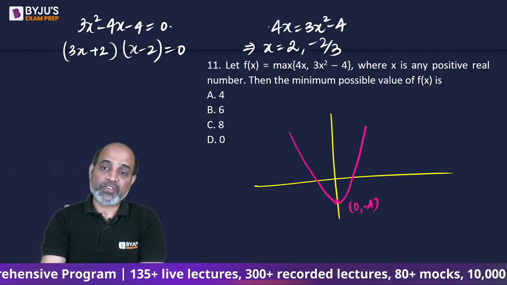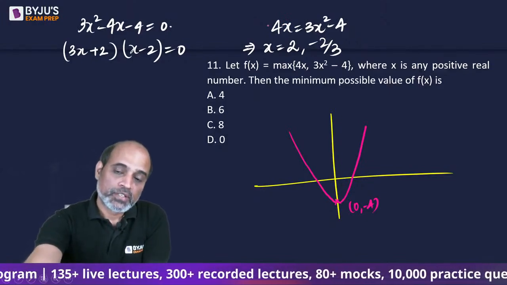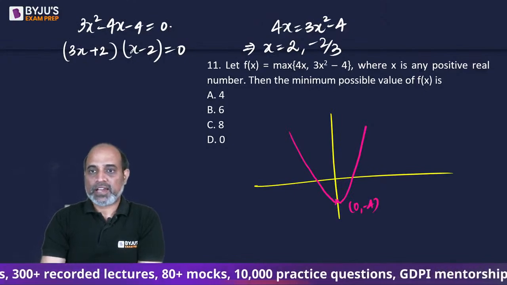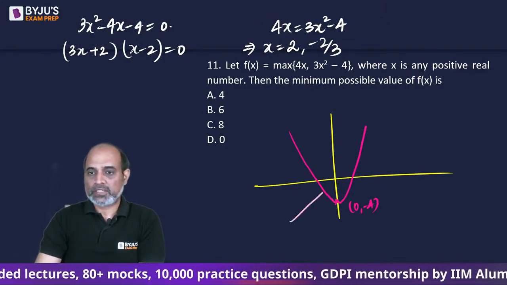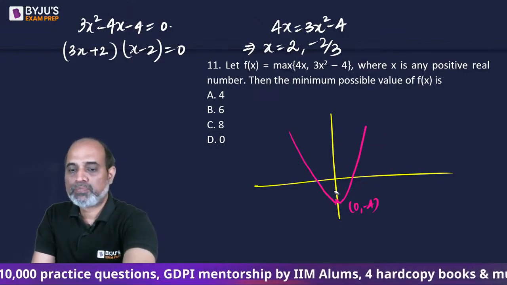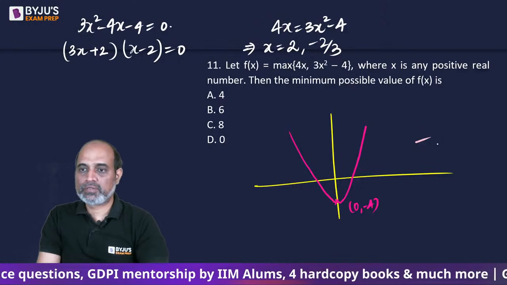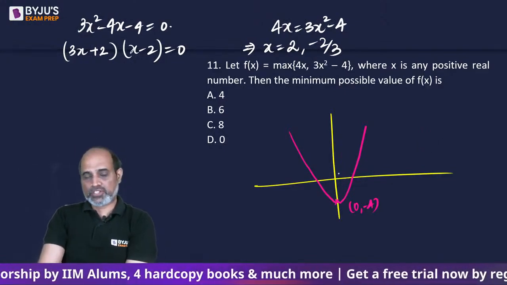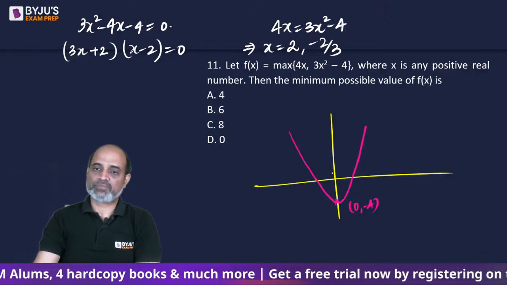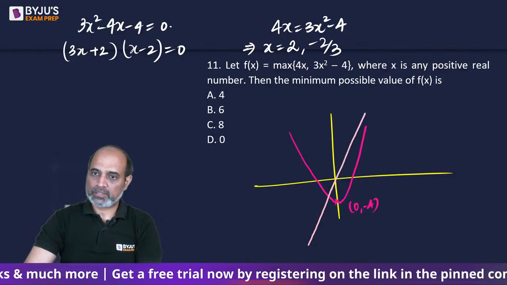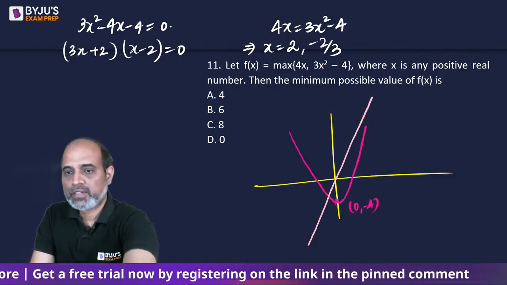Okay, if you look at y is equal to 4x now, we will have y is equal to x is going to be this, right? But we want y is equal to 4x. So that means it should be closer to the y-axis. Okay.